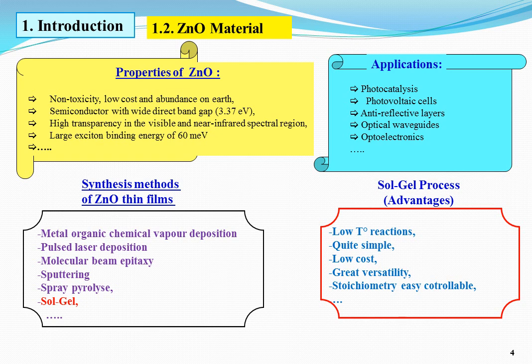All these properties have made ZnO a material of choice for many applications. For example, it is used as photocatalysts, in photovoltaic cells, as anti-reflective layers, optical waveguides, and optoelectronics.